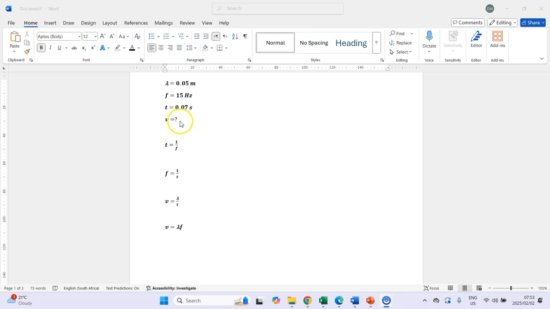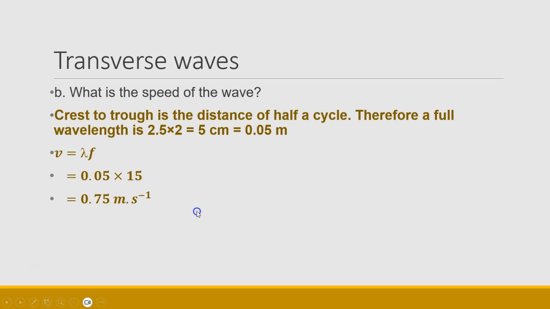I would still recommend using the 15 hertz, meaning using this formula, because this number over here is rounded off. So if you're going to use this formula, your speed value would be slightly off, just because of the rounding off here. I would also recommend using this formula in case, for some reason, you got this answer wrong. However, marks do carry over. So essentially, it doesn't really make a difference which of these formulas you use.